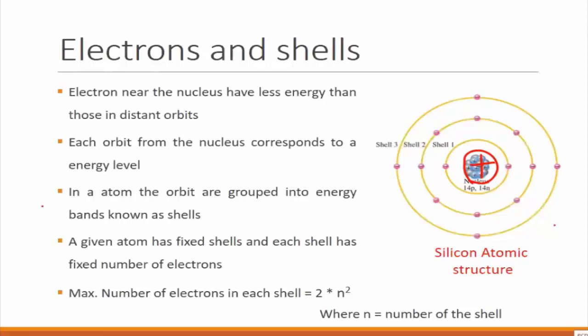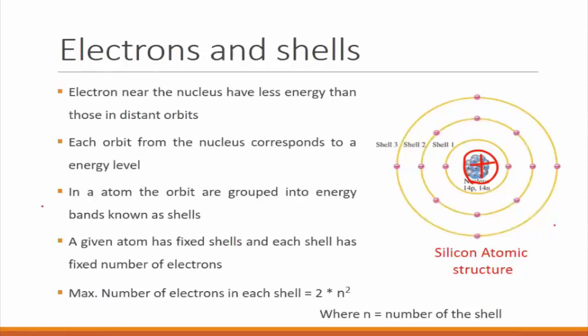And there are 14 electrons around the nucleus in 3 different orbits, right? The first orbit, which is closer to the nucleus, consists of 2 electrons. The second orbit has a total of 8 electrons. And the final orbit has the remaining 4 electrons.